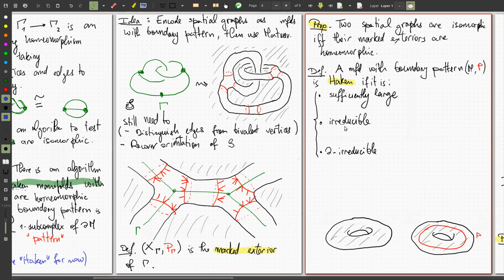Okay, so let's see what 3 manifolds with boundary pattern we can apply Matveev to. So, sufficiently large. I don't want to spend too much time on this condition. This essentially means that it has interesting embedded surfaces, whatever interesting means.